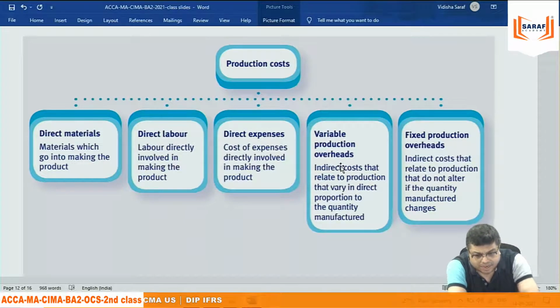Till the time the material are not reaching at your destination, all the costs are a direct material cost. Material cost is not only what we pay to the supplier. Material cost is what we pay to the supplier, plus the carriage inward, plus the duties, taxes. Till the time you are not getting the material in your factory, all the cost which you have incurred is a cost of material.